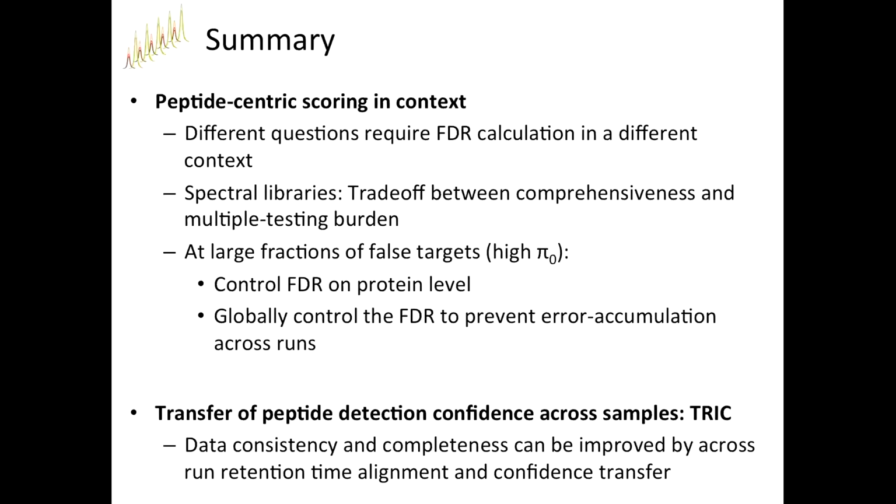The important fact here is that if you have such comprehensive libraries, you have large fractions of false targets, and in these cases you have to control for protein level FDR, and you need to look at your data set globally to avoid accumulation of false positives.